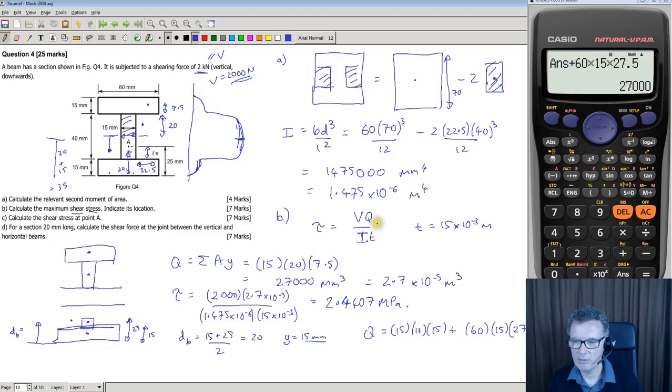Other than that, everything's the same as before. So the shear stress is going to be still 2000.